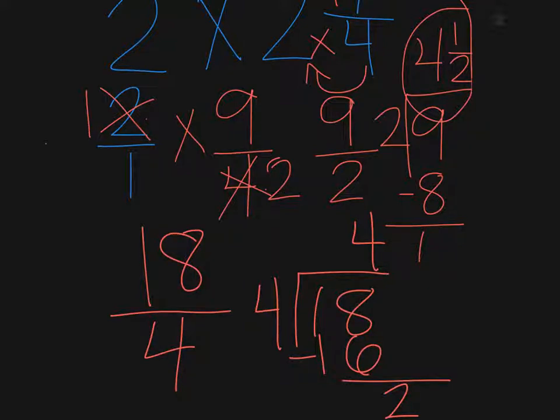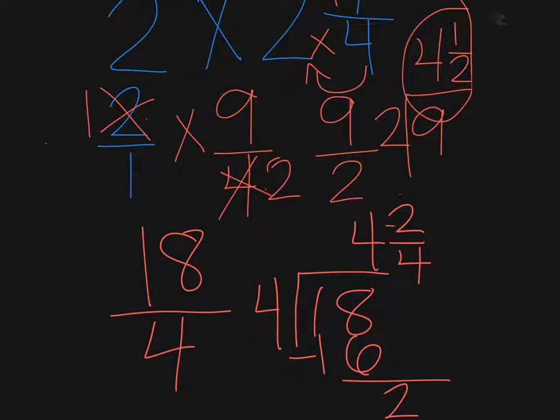But we have to do what? Simplify. Excellent. We have to simplify it. We have 2 4ths. Well, we can't leave it like that. What can I divide 2 and 4 both by? 2.